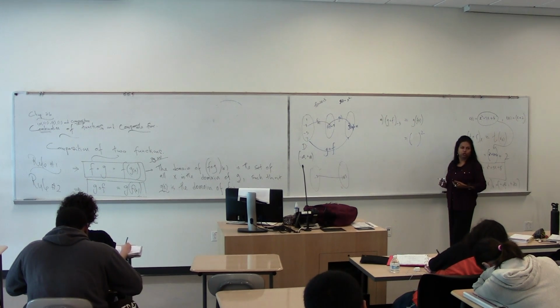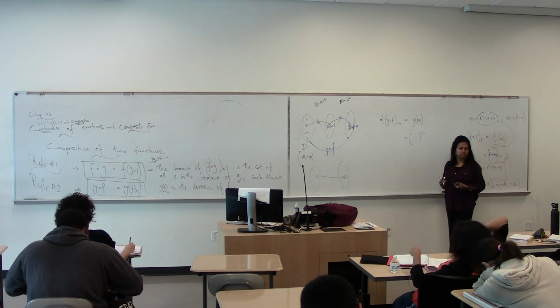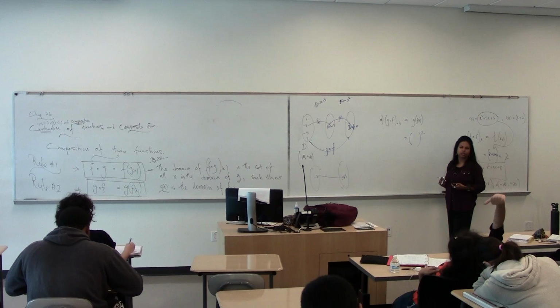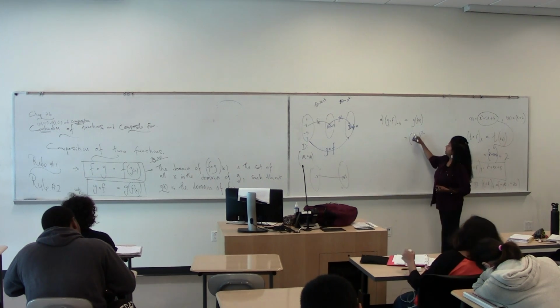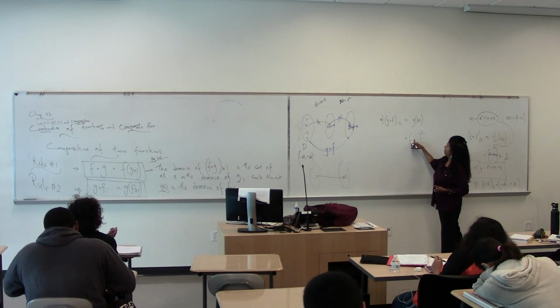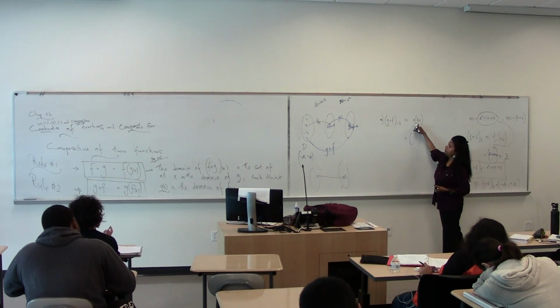Focus on writing your steps correctly, exactly. That is what we have to train ourselves. G function, evaluated at what? G function is just x squared, correct? Evaluated at what? F of x.